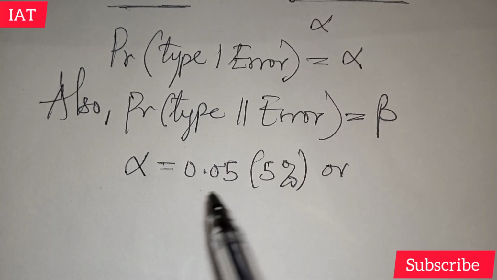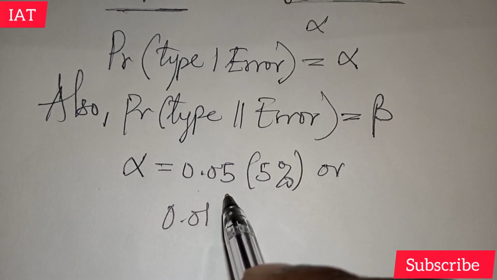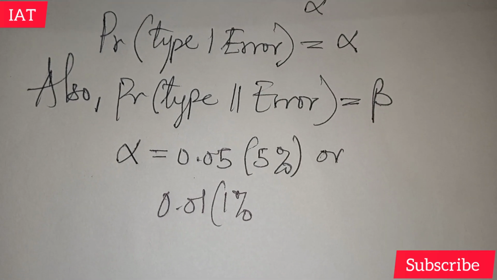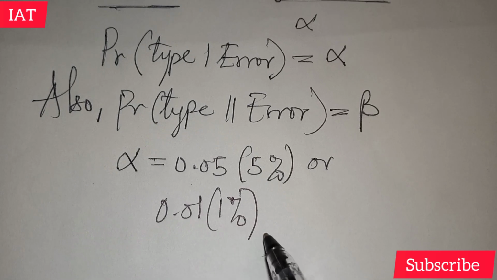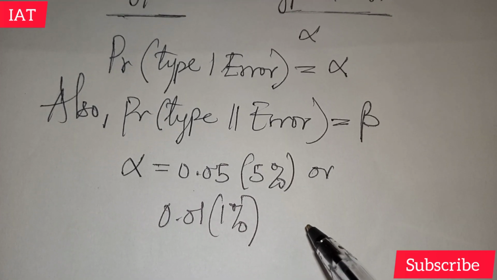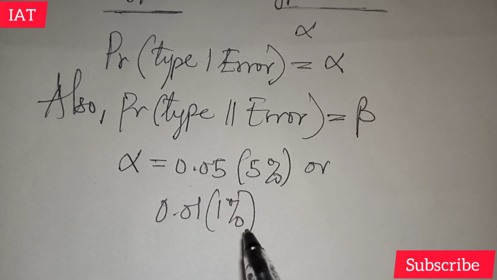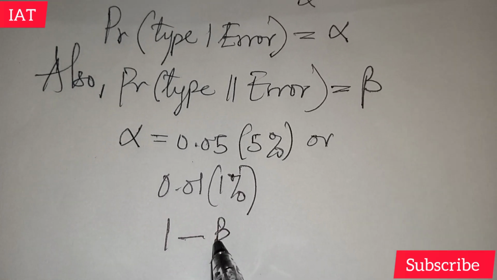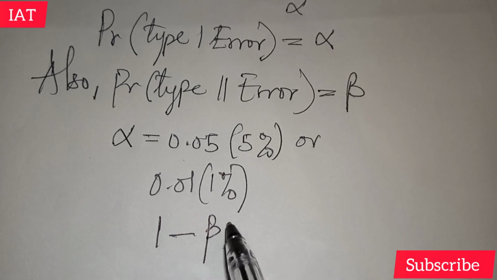Or we usually have values such as 0.01, and this is for 1%. These values I have given to you are customary, although other values are used. Also take note that the probability of rejecting a false hypothesis is 1 minus beta. This is referred to as the power of a test.